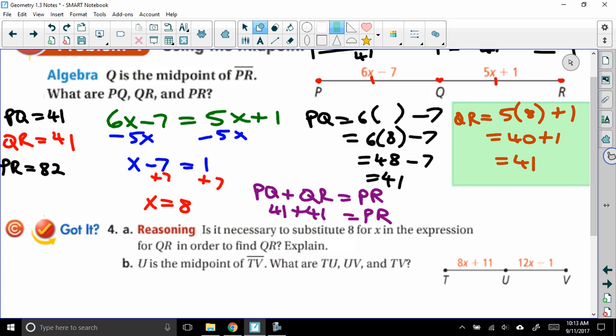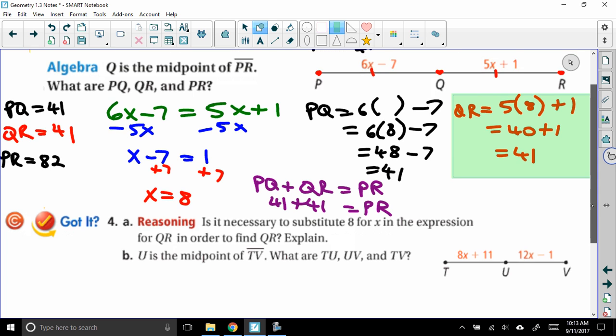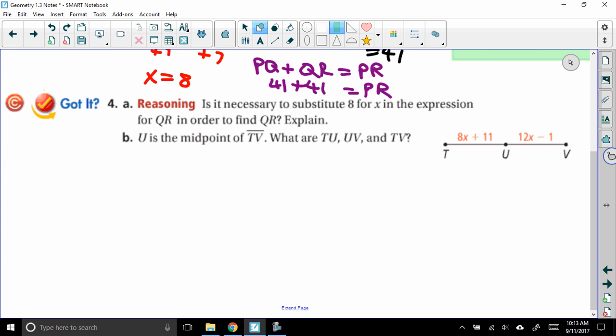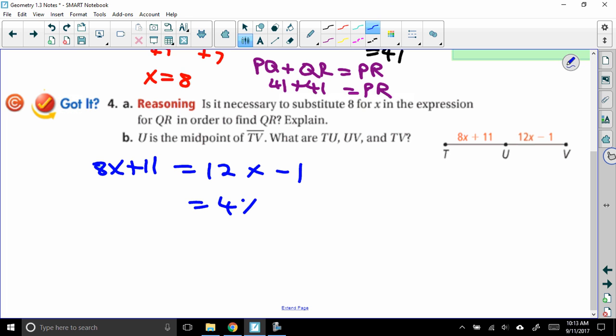All right, part B, basically it's another example here. We would have 8x plus 11 is 12x minus 1, so we'd get 4x is 12 and x is 3. So 8 times 3 is 24 plus 11, that's 35.